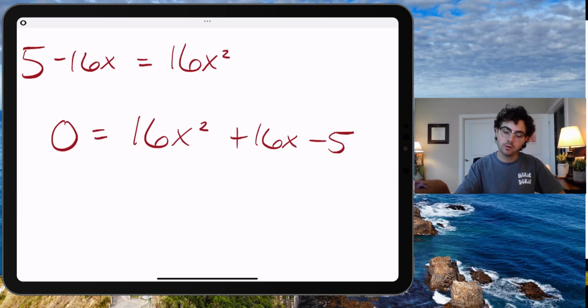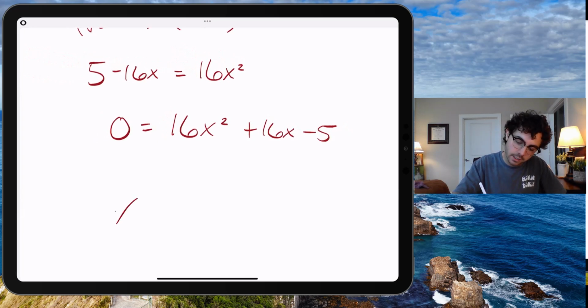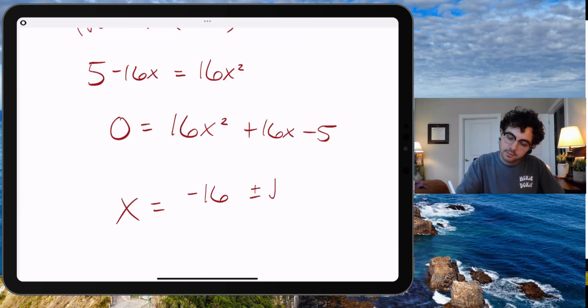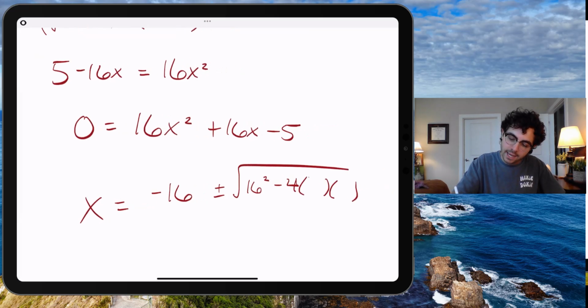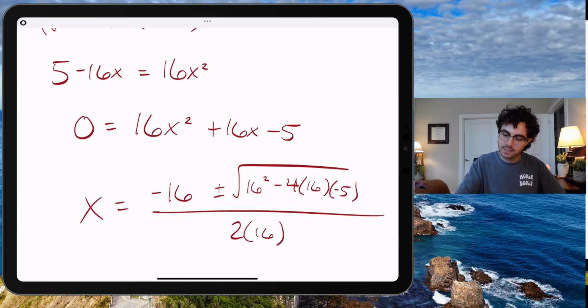I'm going to use the quadratic formula just because I don't know if this can factor or not. I don't think it can. I'm going to do negative b plus or minus the square root of b squared, so 16 squared, minus 4 times a times c. A is 16 as well. C is negative 5, divided by 2 times a, which is 16.